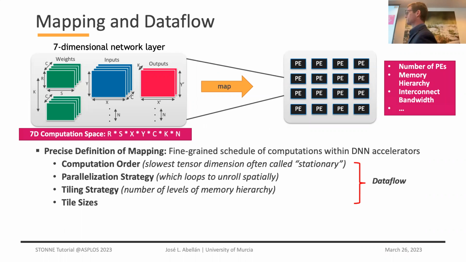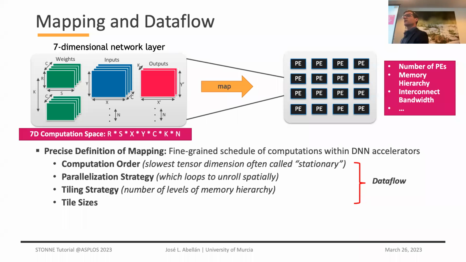We can see that as a 7-dimensional network layer in which weights and inputs, generating outputs, need to be partitioned in an efficient way and mapped onto the hardware accelerator substrate. So we need to understand, in order to take advantage of reuse opportunities, how this mapping is conducted and what kind of data flows happen inside this mapping process.